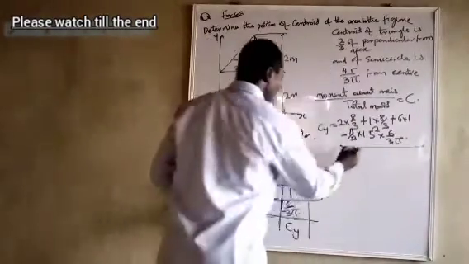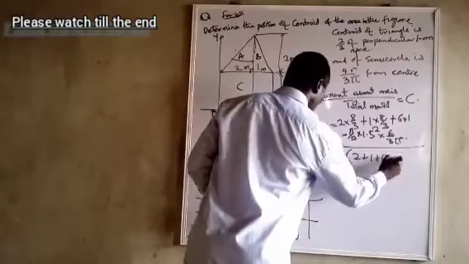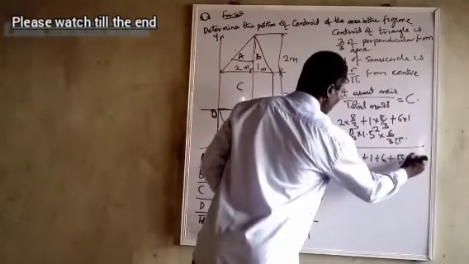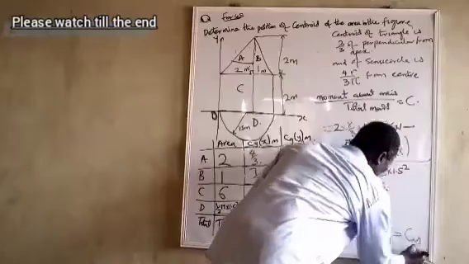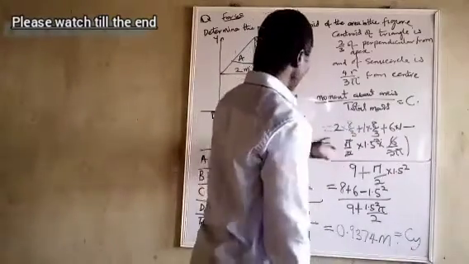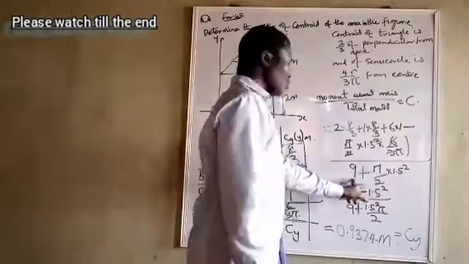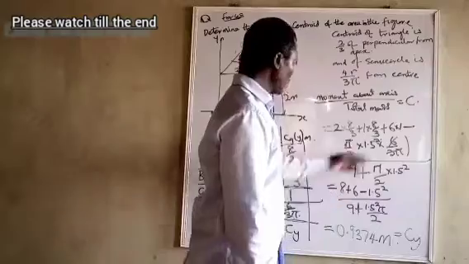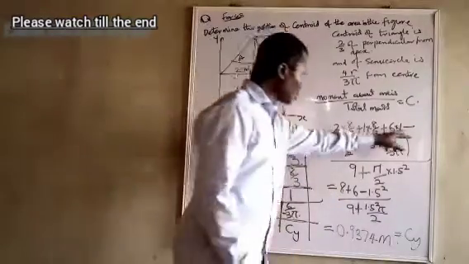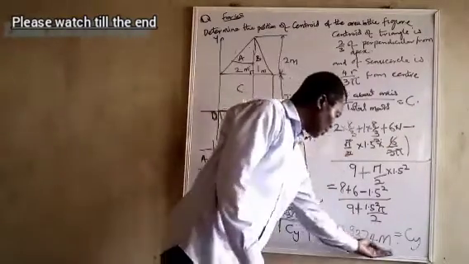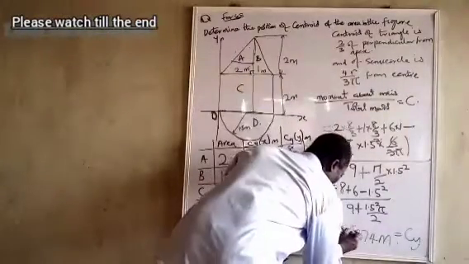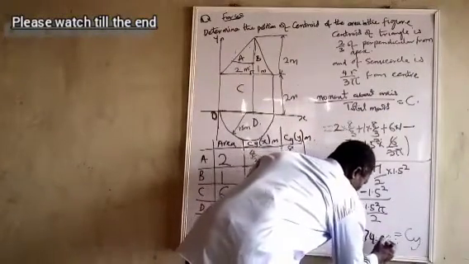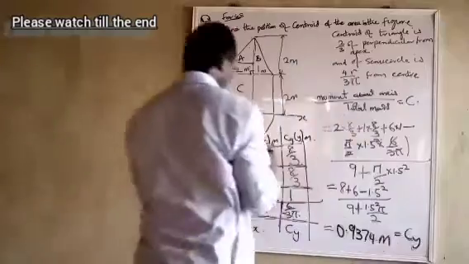Over the total, that is 2 plus 1 plus 6 plus pi over 2 times 1.5 squared. So to find cy now, the moment about x over the total area. Because this one is negative, you've seen it here, that is minus in this instance. So over the total gives 0.9374 meters. So we have gotten the centroid.